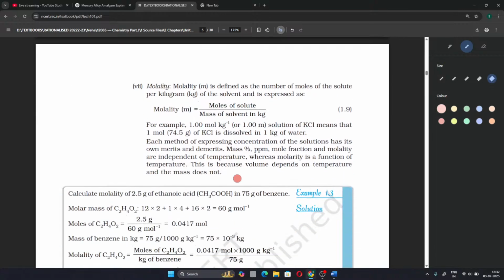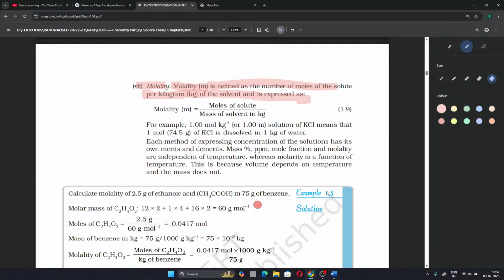Then, as I said before, the next term is molality. Molality, represented by molal or small m, is defined as the number of moles of the solute per kilogram of the solvent. As I said before, molality is different from all the other concentration terms we saw till now.